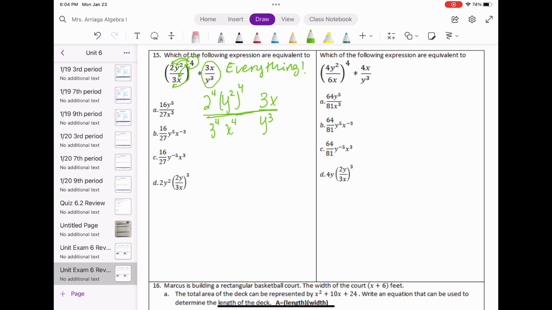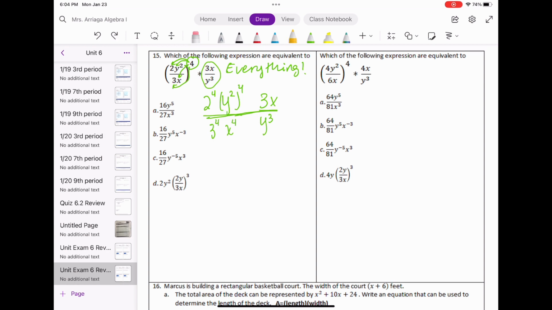Let's start by simplifying. We can simplify the numbers first. So 2 to the 4 is 16. And 3 to the 4 is 81.